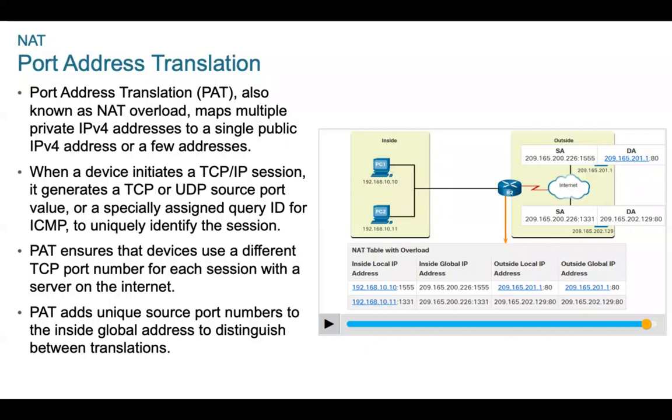That maps multiple private IP addresses to a single public IPv4 address or a few addresses from your pool. This is what most home routers do.